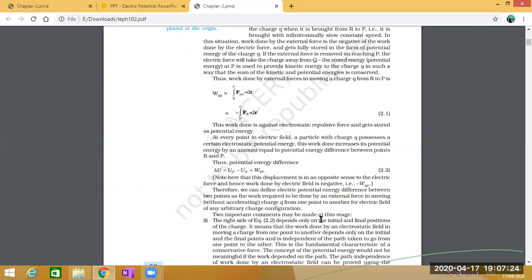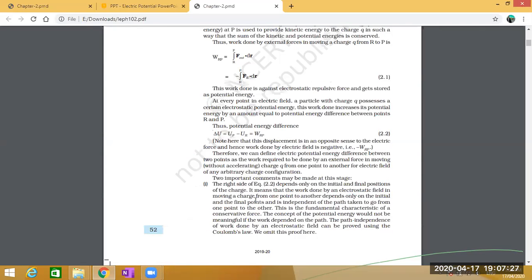Now, here we have to recall once again that it depends only on the initial and final position of the charge.